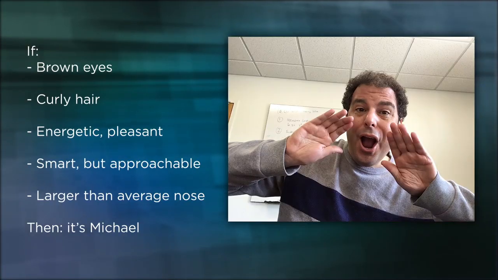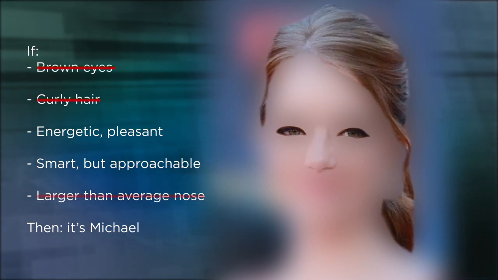If we try to get machines to recognize a face via simple rules, the rules might look like this. If brown eyes, curly hair, energetic, pleasant, smart but approachable, larger than average nose, then it's Michael. This approach works in some cases. The person in this photo doesn't have brown eyes or curly hair, and the nose is small.